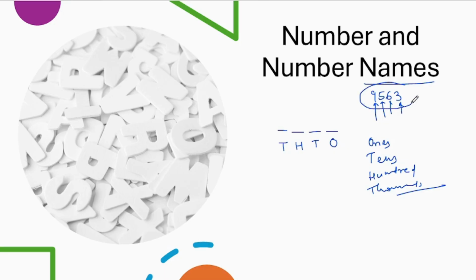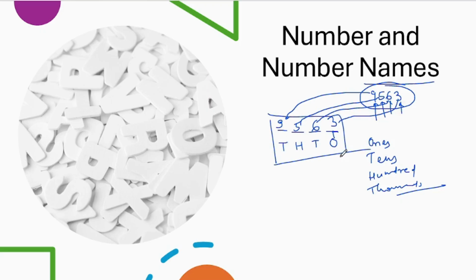In the given example, 9563, let's start with the right hand side, which is the ones place: 3. So 3 is at the ones place, at the tens place is 6, at the hundreds place is 5, and at the end, 9 is at the thousands place.